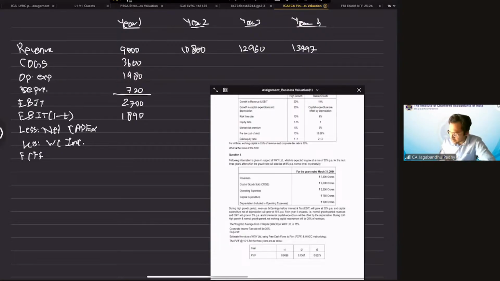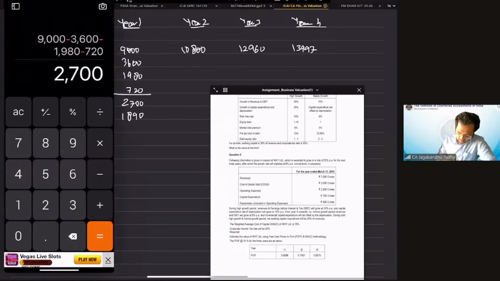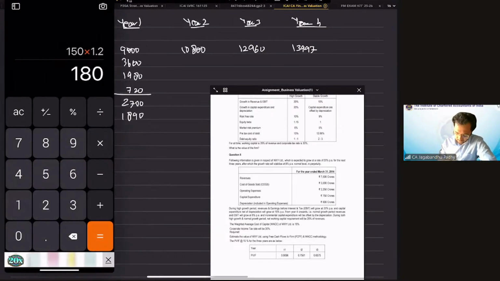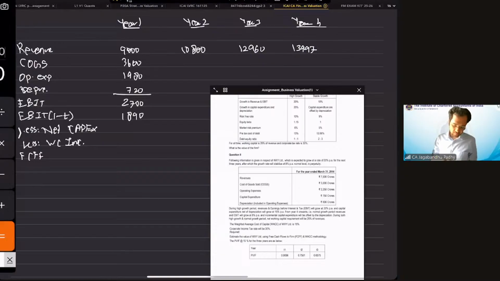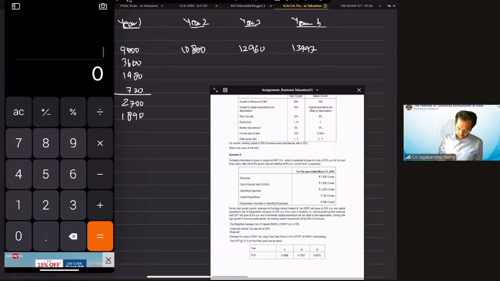So net capex was 150 in the first year. Net of depreciation, it increases by 15%. So there's a 15% number given. So 150 into 1.15, so 172.5.